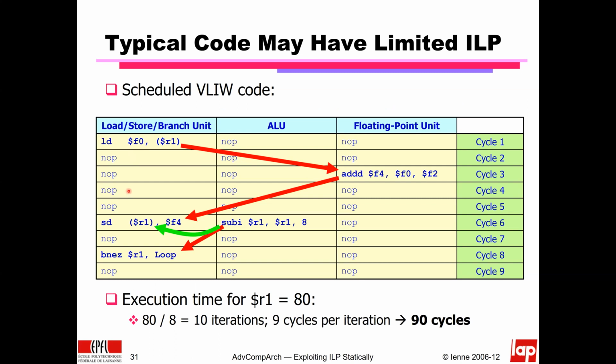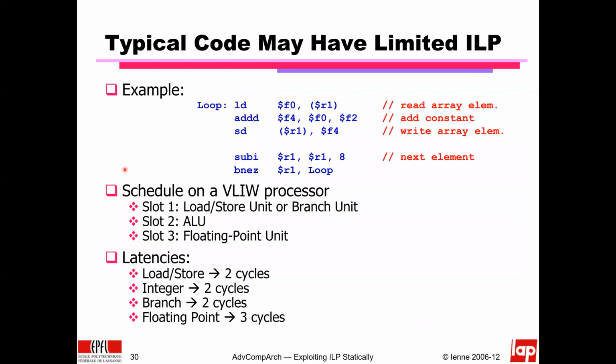But you see, qualitatively, I am not waiting for the complete loop to execute before I start again. I am already starting the second iteration. I overlap different iterations, which have one important feature in this program: they are independent. Each iteration is independent from the other because of the type of code.